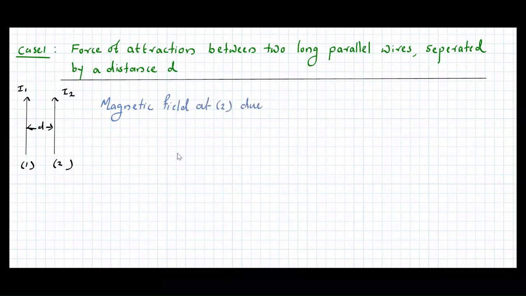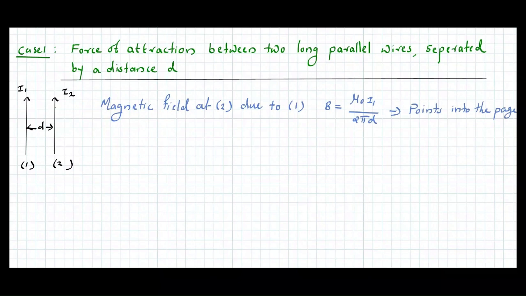Now the magnetic field due to an infinite wire at some point d is given by mu 0 I by 2 pi d. Here the current that is passing through the first wire is I1. Therefore, the magnetic field at 2 due to 1 is given by mu 0 I1 by 2 pi d.